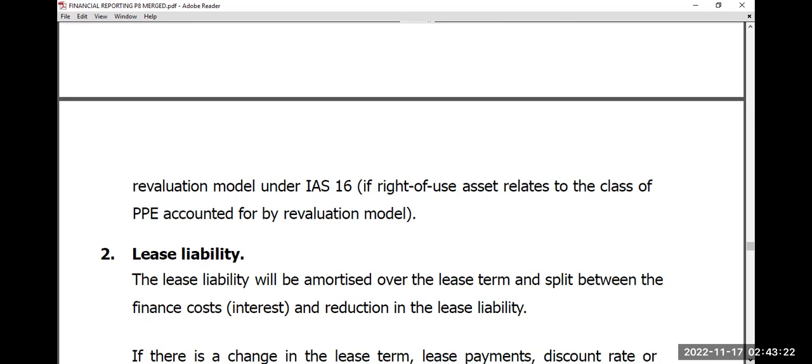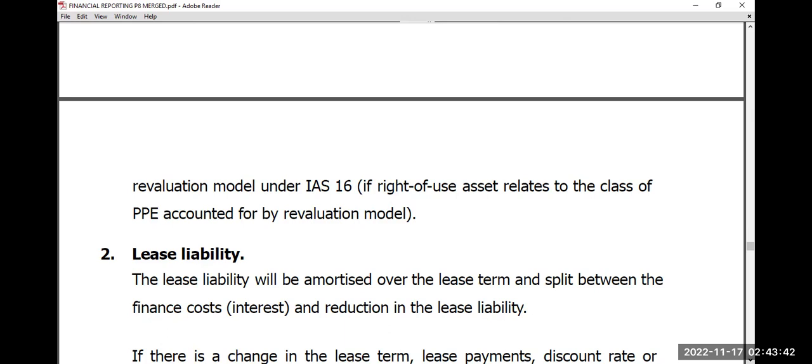And we said that when you are using the cost model, we take the cost, less the depreciation, so that we can get the carrying amount that is going to be taken to the balance sheet, and the depreciation will be taken to the income statement.